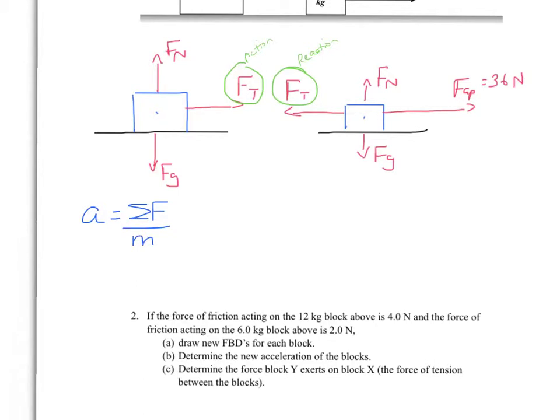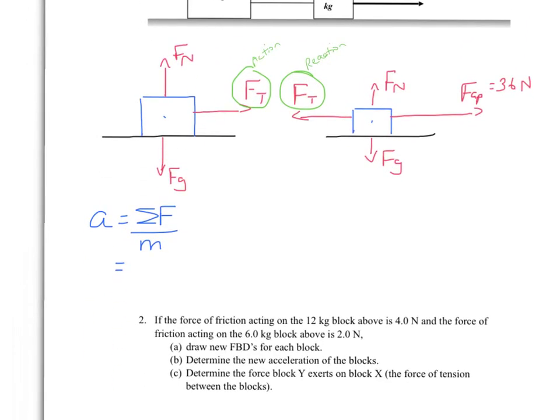Okay, so in this particular instance, you can see that the only force acting on the two masses together, or at least in the above diagram, is 36 newtons towards the east. So I'm going to write that in here, 36 newtons towards the east, and it's acting on a combined mass of 18 kilograms.